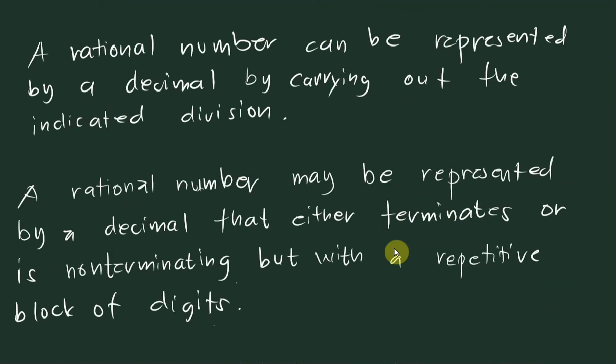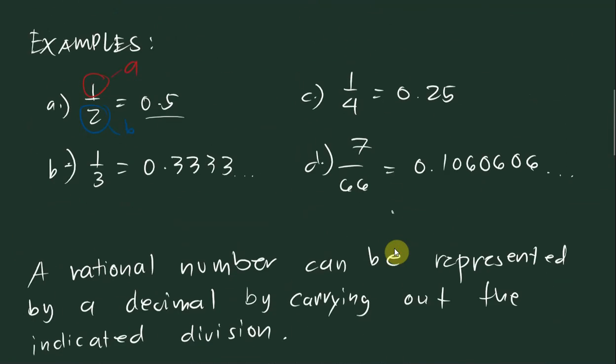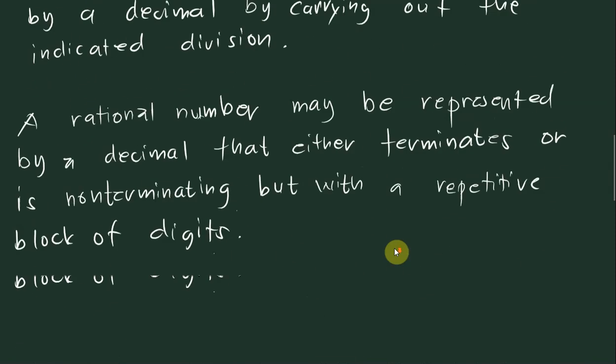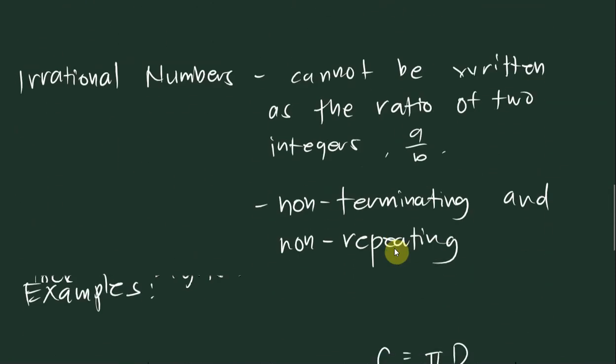So for rational numbers, the decimals could terminate, and they could also be non-terminating, but they should be repeating. Now, what if it is non-terminating and non-repeating? That is an example of an irrational number.